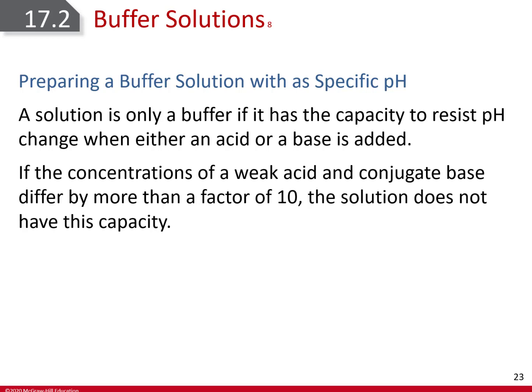So if the concentrations of the weak acid and its conjugate base differ by more than a factor of 10, the solution does not have this capacity. So you need to know this. You need to memorize it. You need to be able to apply it. If the concentrations of the weak acid and its conjugate base differ by more than a factor of 10, the solution does not have this capacity. Make sure you understand that.